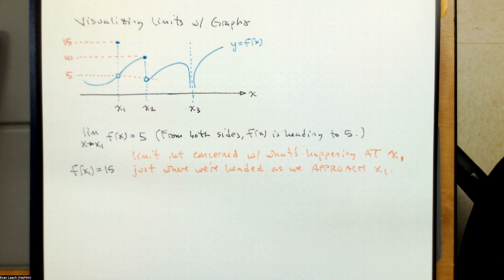So we would say that f of x is discontinuous at x1. Because where we're headed and where the function actually is at x1 are different, we would say that the function is discontinuous at x1.